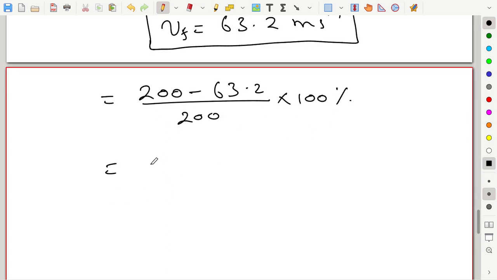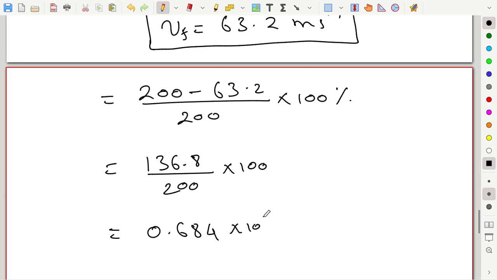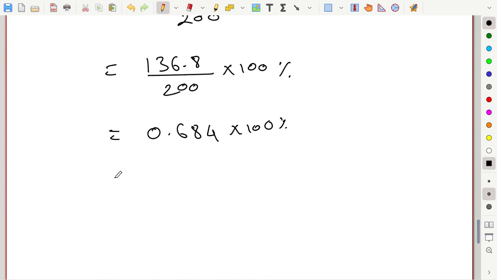So it is approximately 136.8 divided by 200 into 100. This value is 0.684 into 100, so we have a percentage here. It is approximately 68.4, or we can write it as 68 percent. So this is the percentage change in velocity.